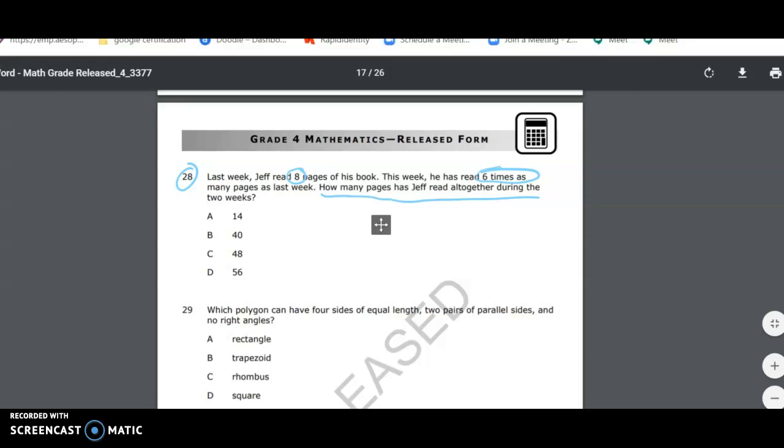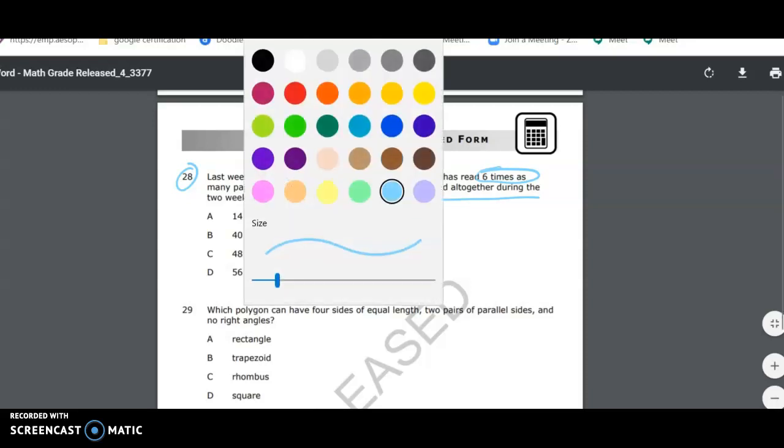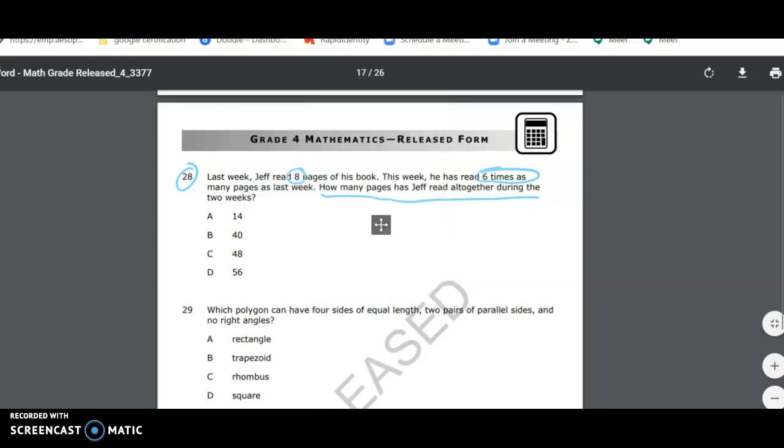So what are some of our key terms in here that we can box up? Obviously, it's got to be times as many. When you see times as many, that's an indication that you're going to be doing a multiplication. Part of solving the problem is going to require you to do some multiplication.